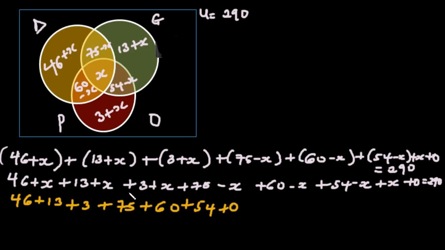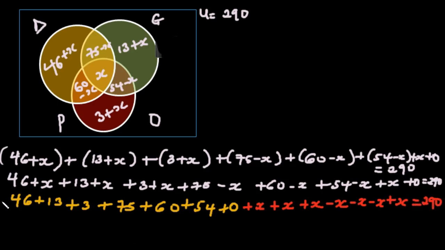Then let's move to our x's. We have plus x, there's an x here, plus another x, there's another one here, plus x. We have minus x, another minus x, another minus x. You have to be very careful. Yes, and that's all. Then we have 290.